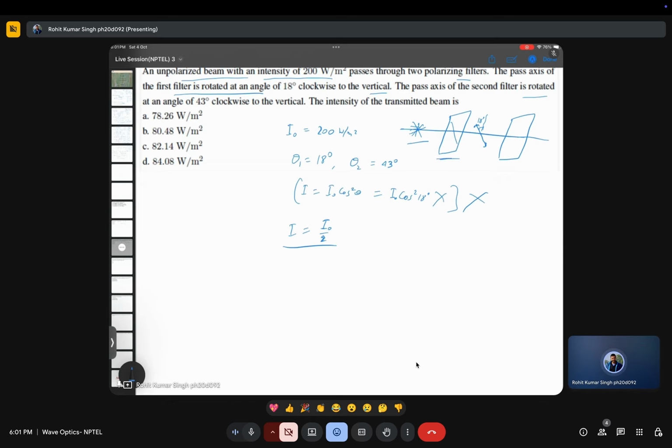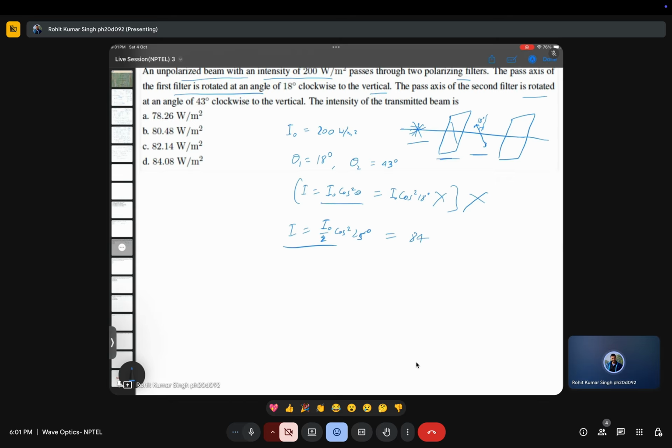Now when you have the polarized beam here, then Malus's law applies, and the final intensity will be I naught by 2 cos square of the angle difference between these two, which is 25 degrees, and this will give you the intensity of the final transmitted beam.